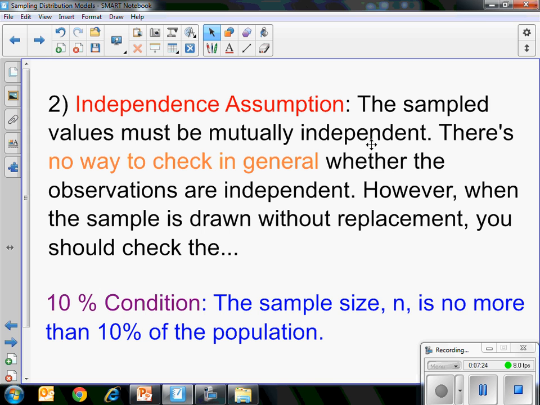You can't use it if they're dependent on one another. So you really have to look at the data to see if the conditions show that they are mutually independent from one sample to the next. And then the 10% condition: the sample size n is no more than 10% of the population.